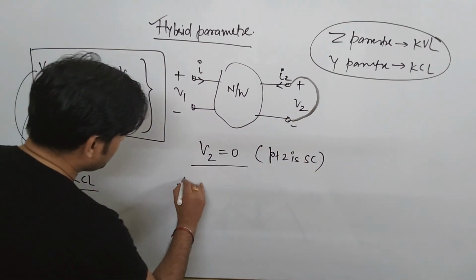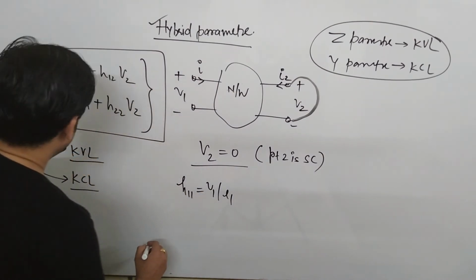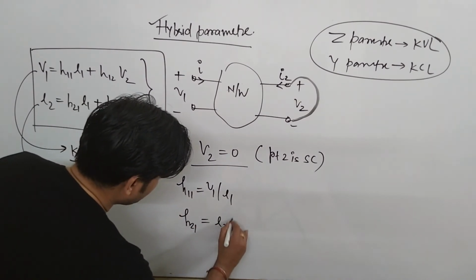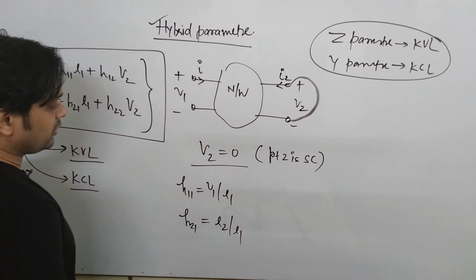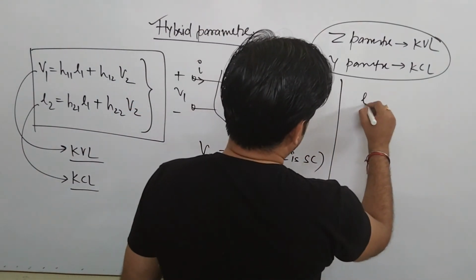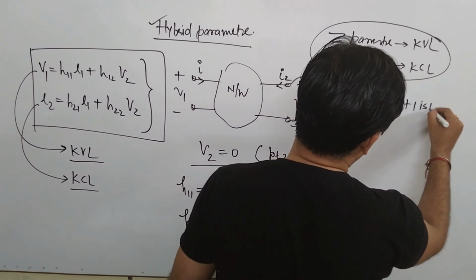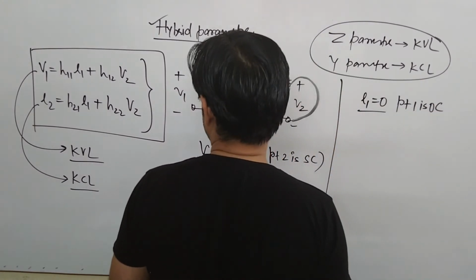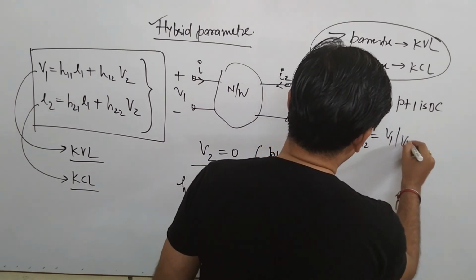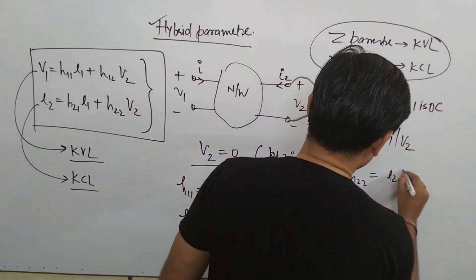Under this condition, your H11 comes to be V1 by I1 and your H21 comes to be I2 by I1. Now if I1 is 0, you can say that port 1 is open circuit. Yes, so your H12 comes to be V1 by V2 and your H22 comes to be I2 by V2.